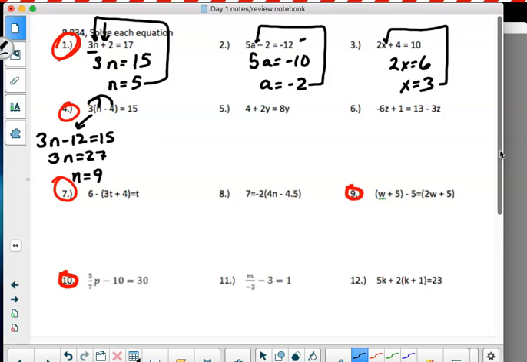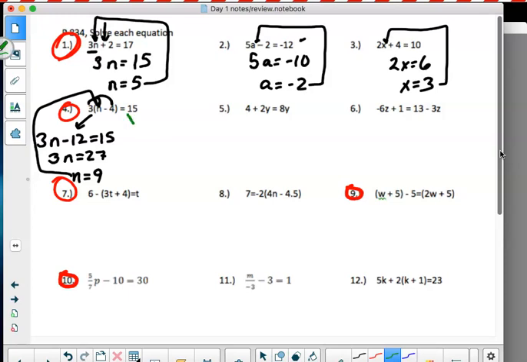Now, that's perfectly fine. It's an answer that totally works. I take that 9, I plug it into n, and 9 minus 4 is 5. 5 times 3 is 15. Another way of looking at this problem, what if I divided by 3 first?